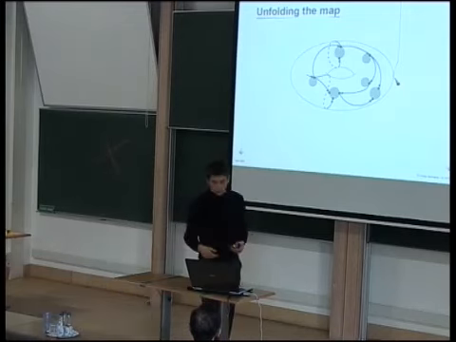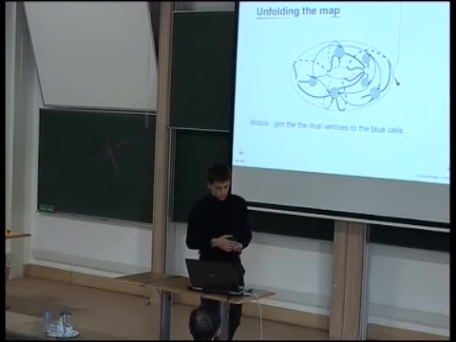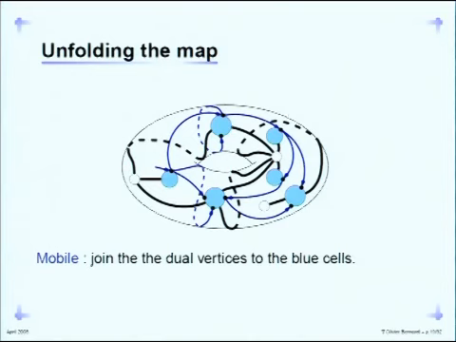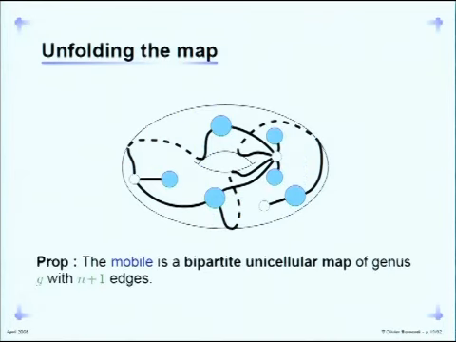So what I will do is to draw the dual vertices. So I draw a vertex in each face, and I connect this vertex to each of the blue cells I can reach without crossing the tree. This is what I obtain, and I call this structure the mobile because of the bijection of Bouttier, Di Francesco, and Guitter.